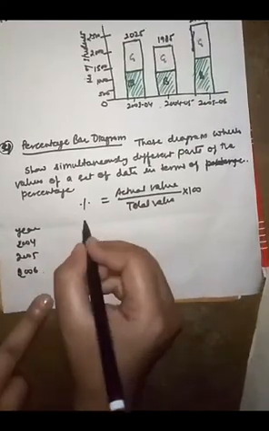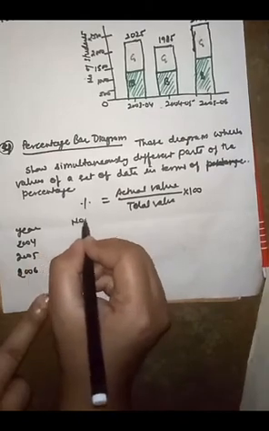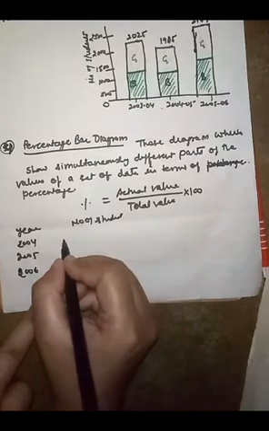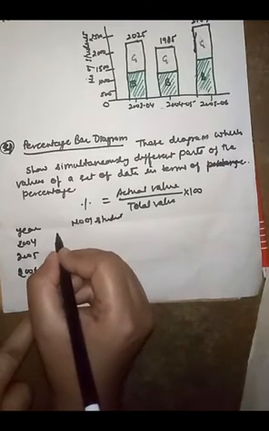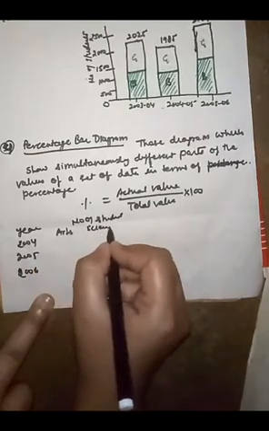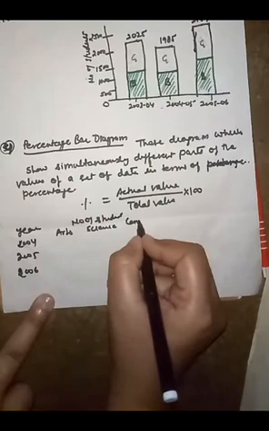Suppose this one is the year, and the number of students is given here. So this one is the number of students by stream. Suppose this is the arts stream, I have taken the science stream, and the commerce stream.